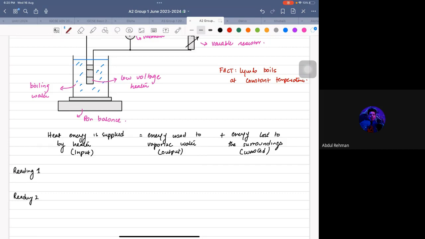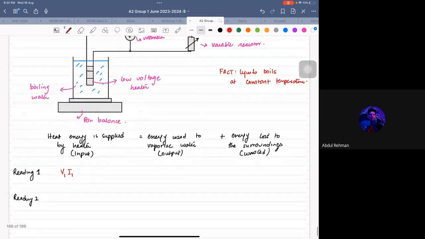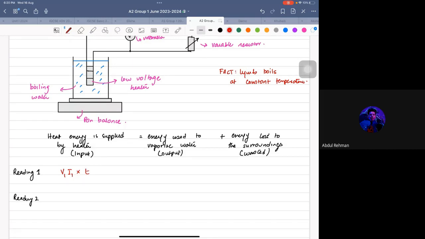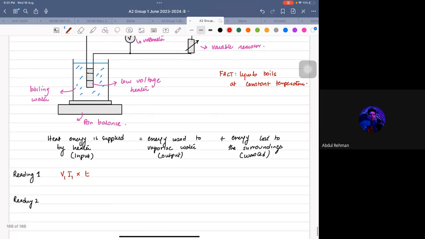In the first reading, I'm going to take one set of values, voltage 1 and current 1. We can change it by the variable resistor. And for some amount of time, say 5 minutes, we give it energy. So this will be power into time, then energy will be equal to that.